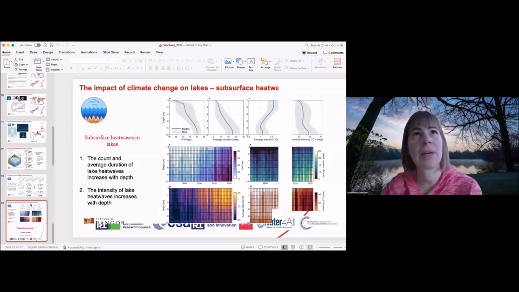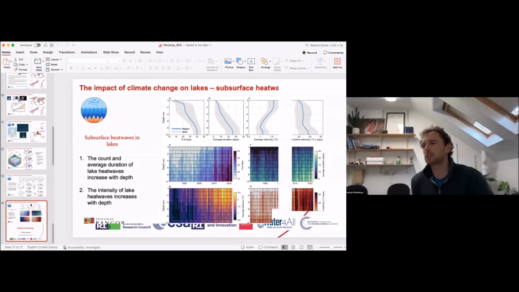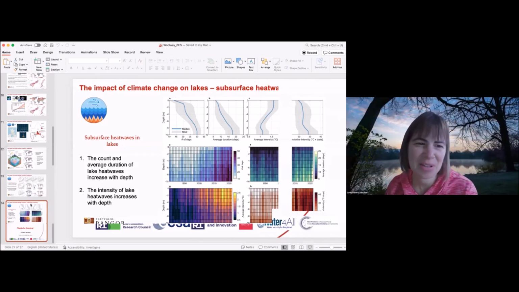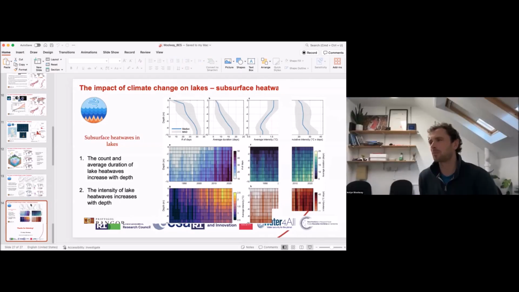Okay, yes. And then you have to wait until the mixing brings it all back up. That's what we see also in panel C. The intensity is higher at the surface because they respond to atmospheric heat waves, whereas in deeper water, they're much less extreme, but prolonged. Yeah, great. Thanks for walking through that again. Thank you.